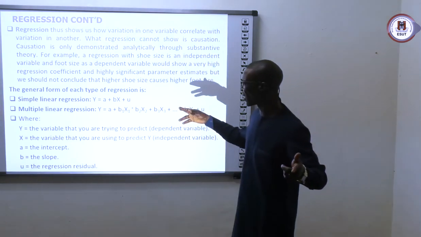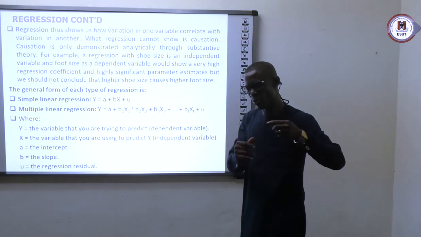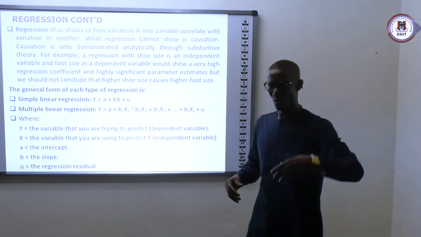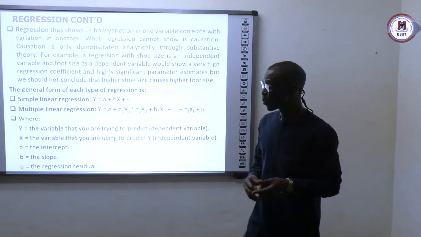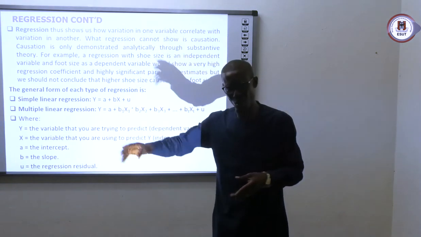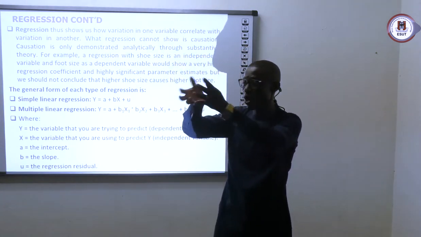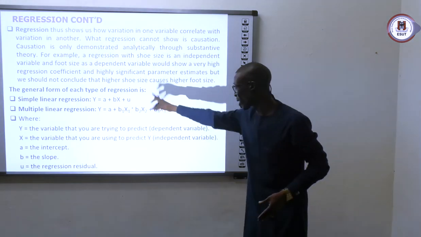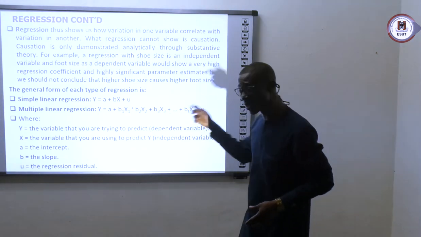But in regression analysis, there's a chance that besides weight, there are other things that could also affect education. And because we are interested in seeing the component of the weight effect on education, we subject every other thing into the error term.